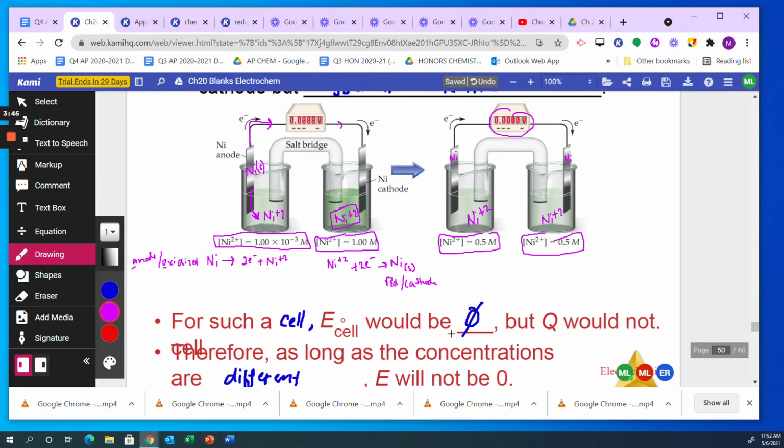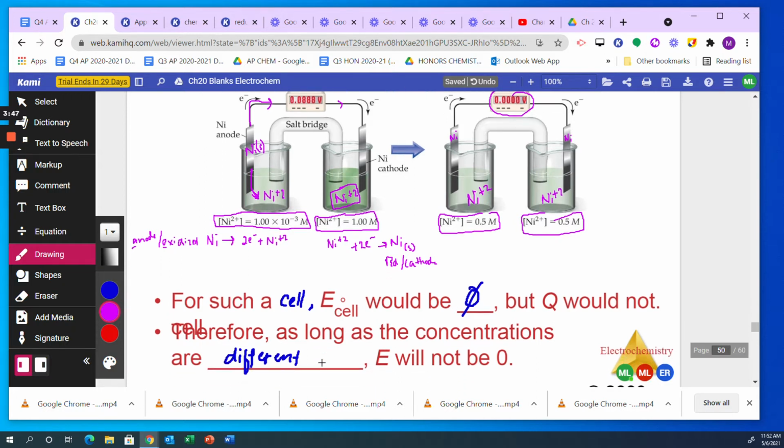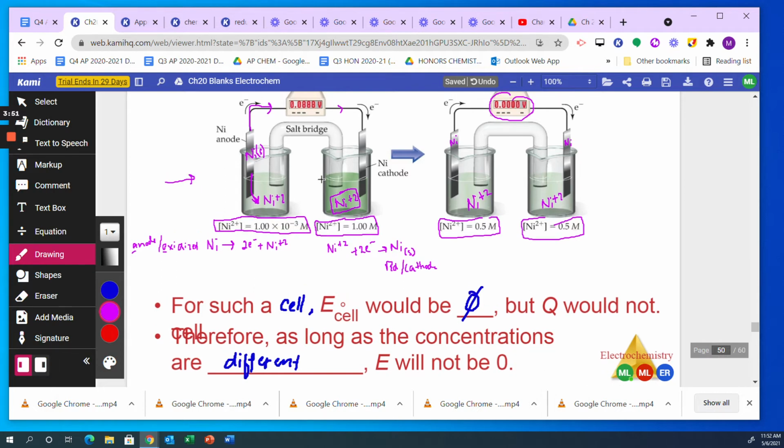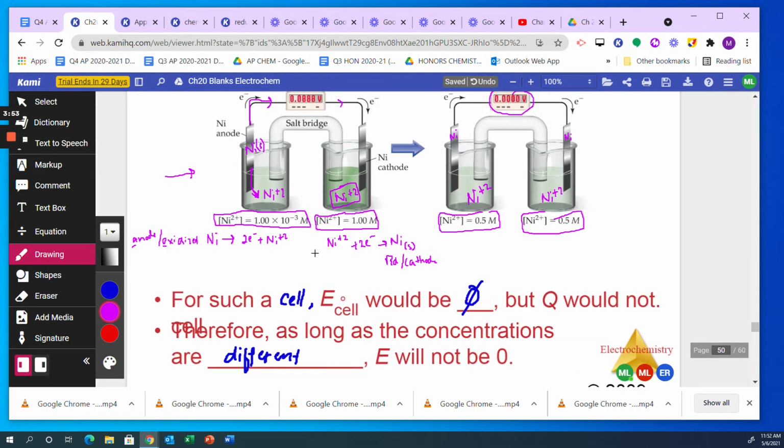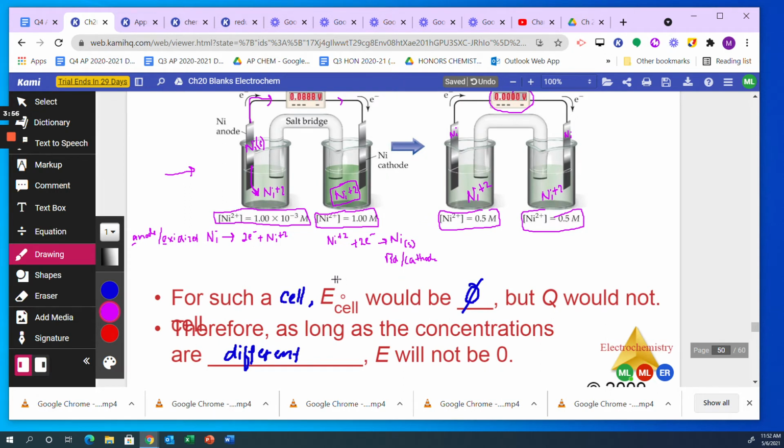If you have this right here, it's called a concentration cell, and your E naught will be 0, right? But Q is not going to be 0.